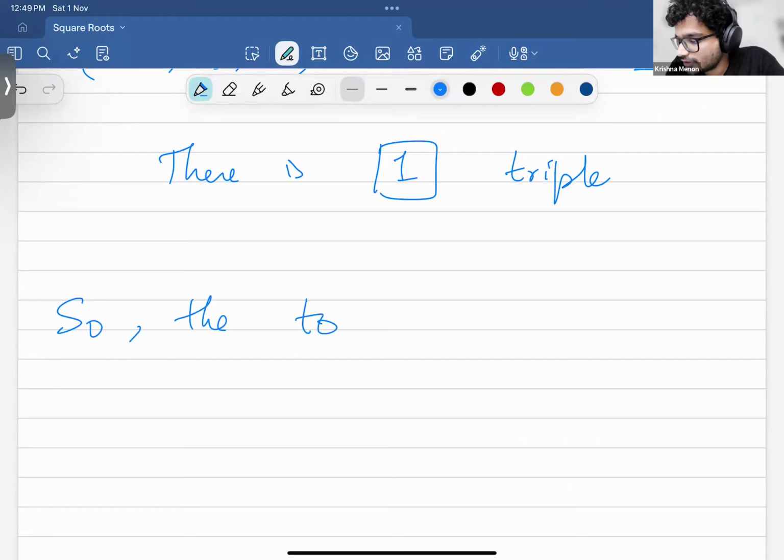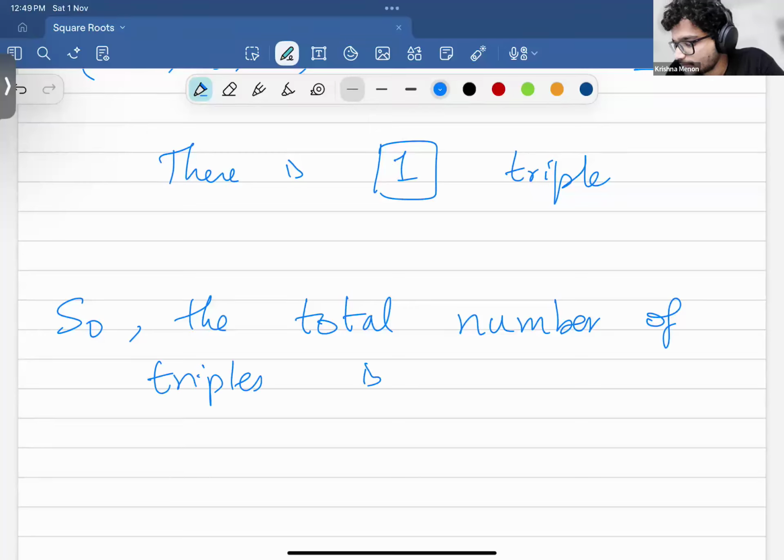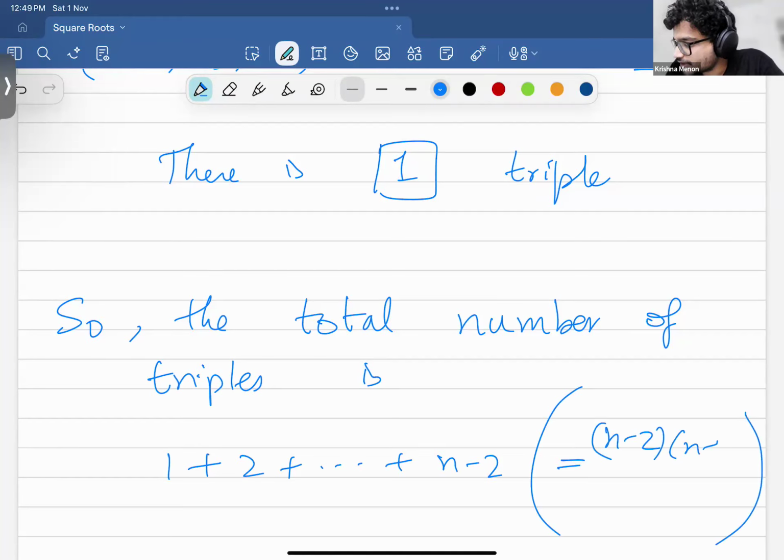So the total number of triples is 1 plus 2 plus and so on to n minus 2, which you are saying is equal to n minus 2 times n minus 1 by 2.